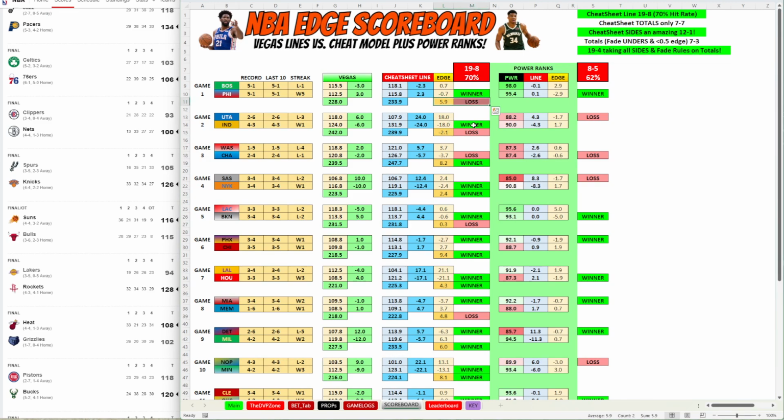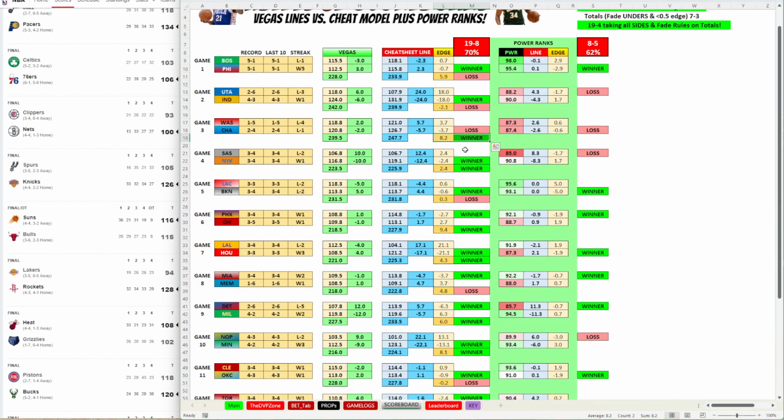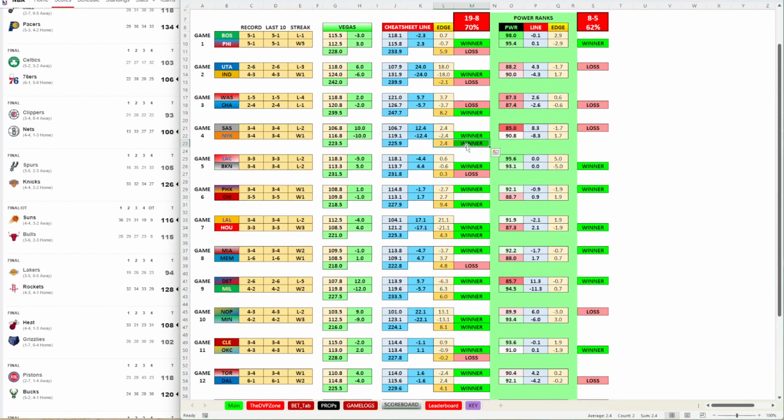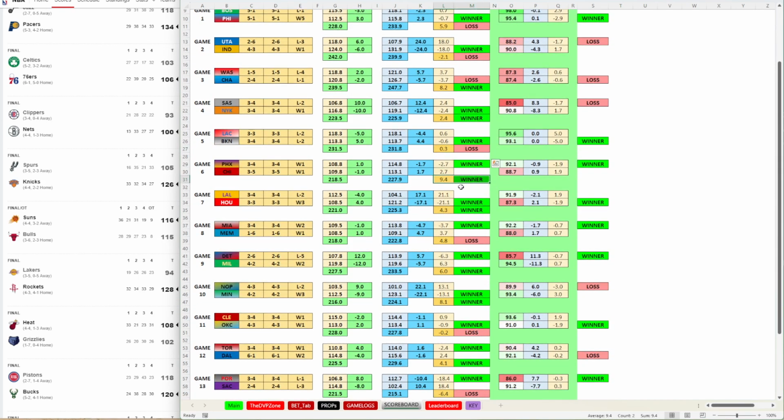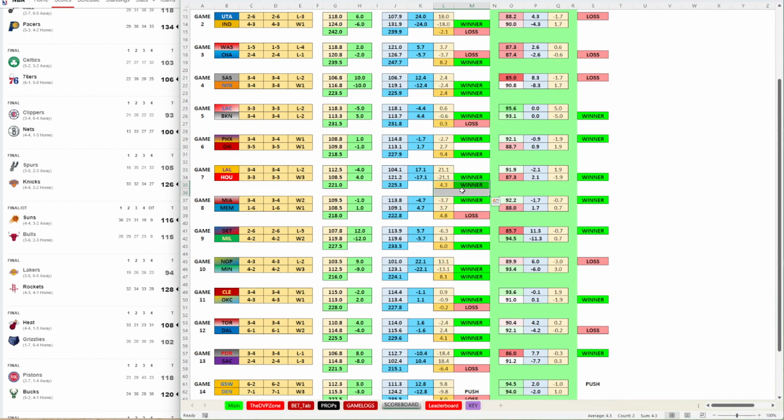So right here, we would get a loss. That would be 0-1. This one is an under, so we're going to fade it. Here's an over that wins. Now we're 1-1. Here's an over that wins, 2-1. Here is a 0.3, so this is less than half a point, too close. We're going to fade it, so we're still 2-1. And then here's an over that won, 3-1. Over that won, 4-1.